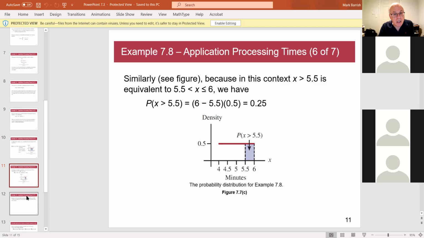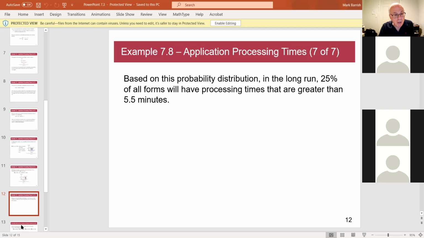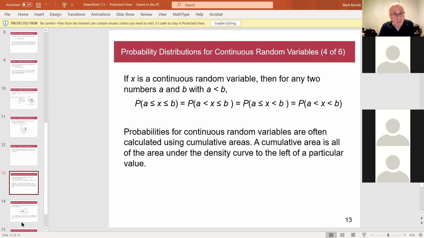So by the way, this specific curve is called a uniform probability distribution. Uniform meaning the value of the function stays the same regardless of the value of x. It stays the same for a particular interval. It doesn't change. All right? Uniform probability distribution, that's what it's called.